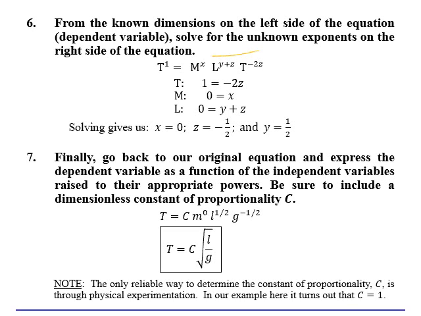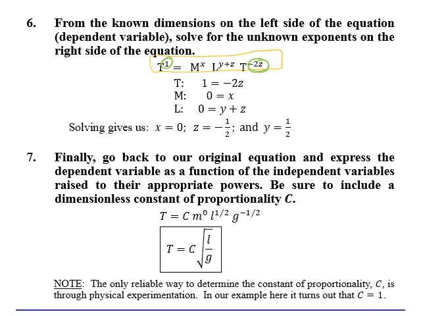So I take this equation from the previous slide. From the known dimensions on the left side of the equation here in step 6, the dependent variable on the left, from knowing those units, for example, we know time is just the base unit time to the first power. We're going to solve for the unknown exponents on the right side of the equation. So matching things up, on the left side of the equation I have t to the first power, and over on the right side my t is to the minus 2z power.